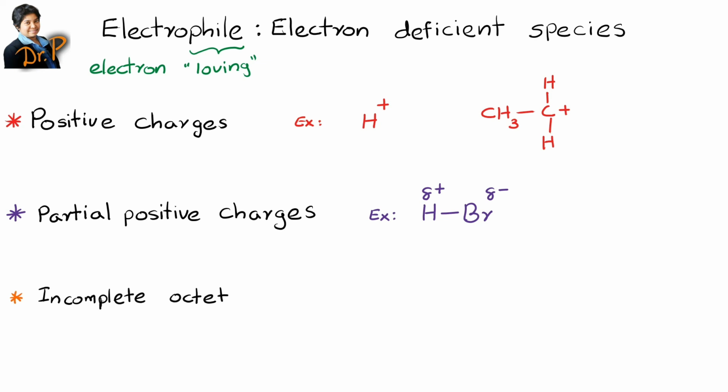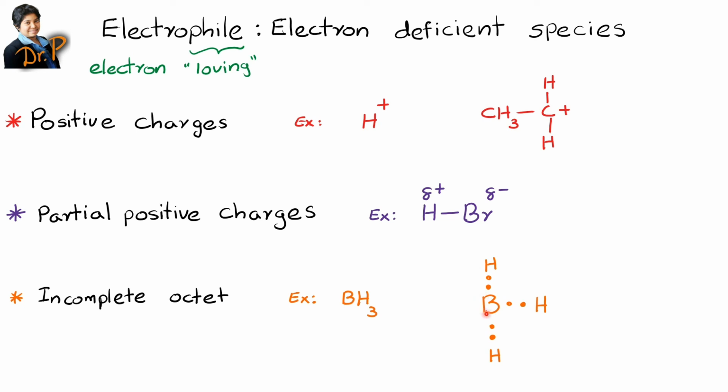Yes, incomplete octets. For example, I will take BH3. Now I'm going to show you the Lewis structure of BH3. You can see that there are only 6 electrons around boron. So this boron atom needs 2 more electrons to complete its octet.